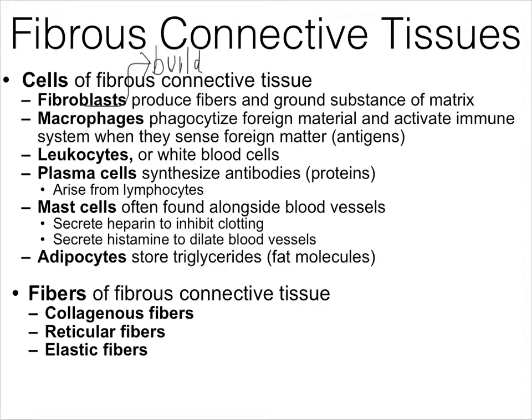You also find macrophages. Macrophages start off their life as a type of white blood cell called a monocyte. But when that monocyte moves out of your blood, it moves into your primarily connective tissues, and it basically eats things.